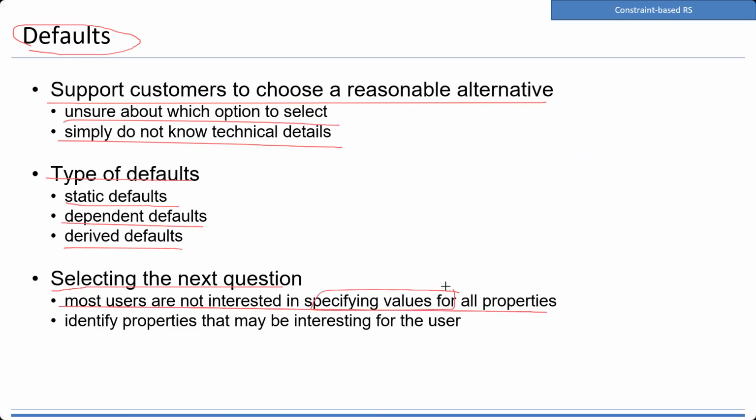If asked what camera you want, you will say, I want a good camera. But you will not say, I want a camera with 25 megapixels. You will just specify, I want a very advanced camera, a very good camera. So specifying values is not of interest.